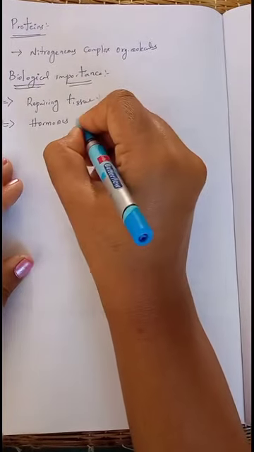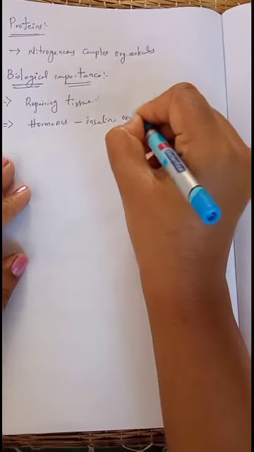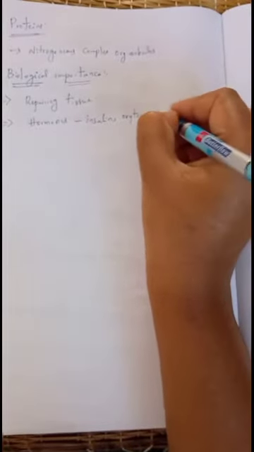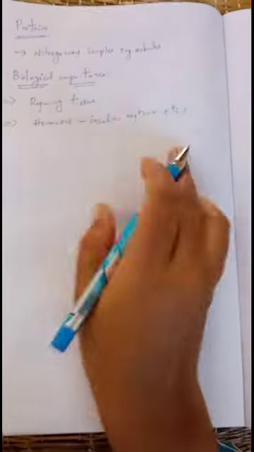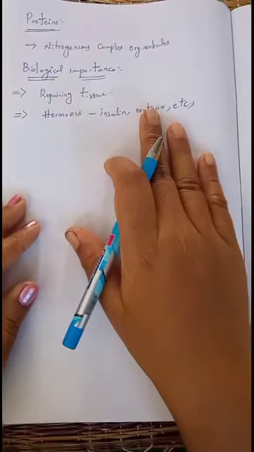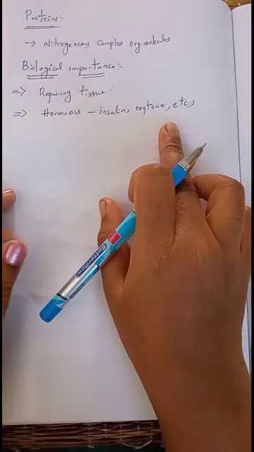Such as insulin, oxytocin, etc. All these are proteins which can also act as hormones. Example, insulin and oxytocin.